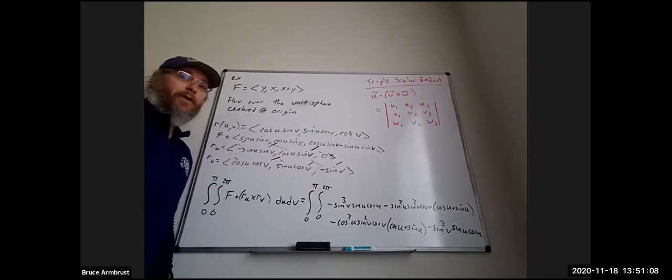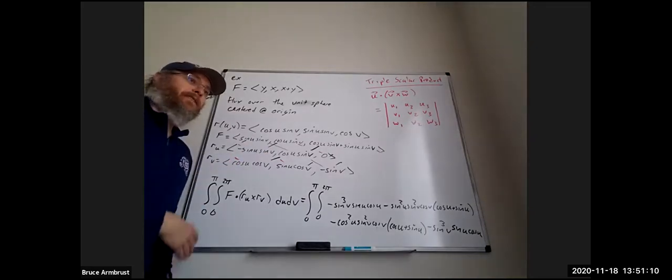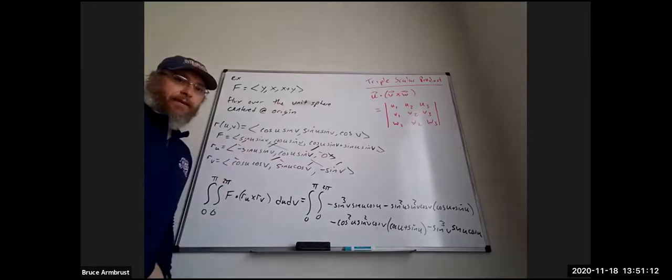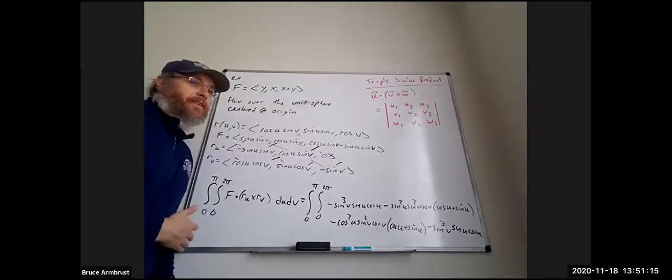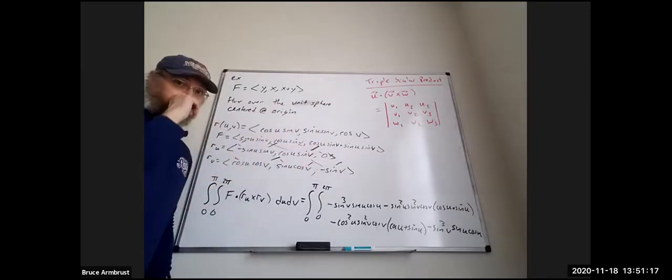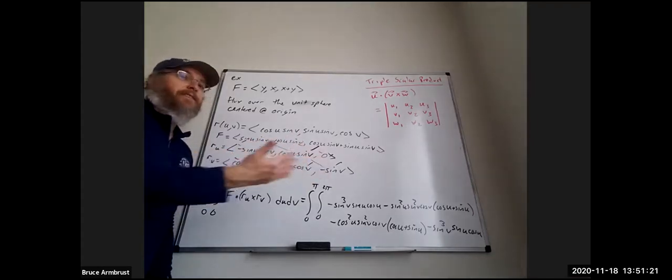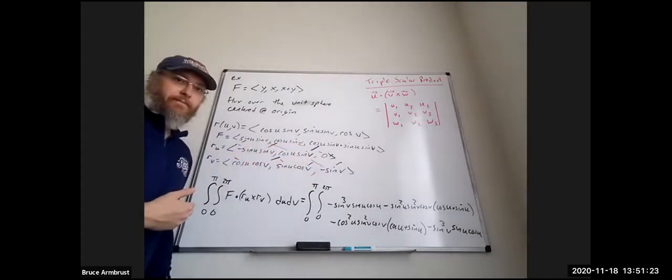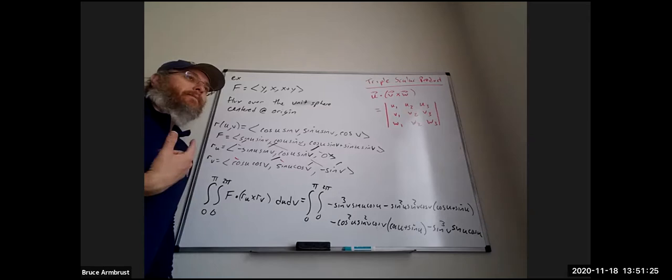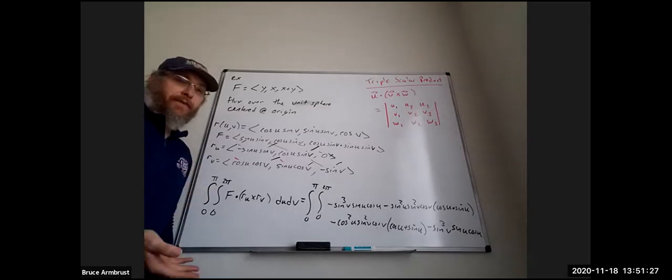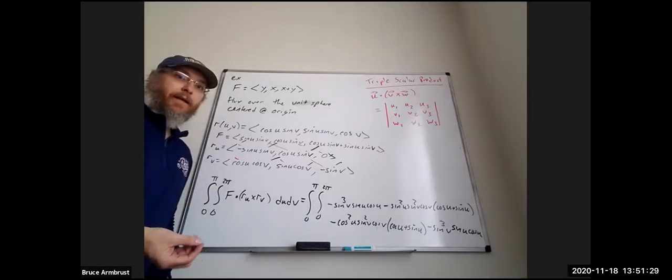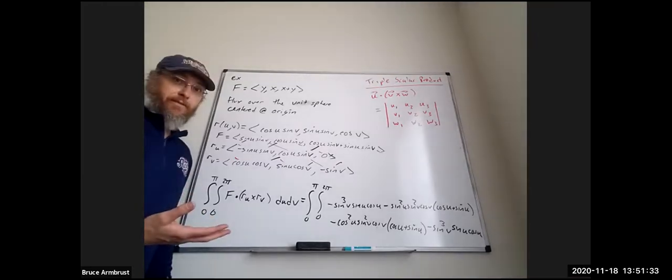So if you get 0, that means as much is going out as is coming in, or as much is going to the right as to the left, or however you want to think about it. As much is moving in the positive direction as in the negative direction. If you end up with a positive number, that means there's more flow towards the positive direction, whatever that happens to be.